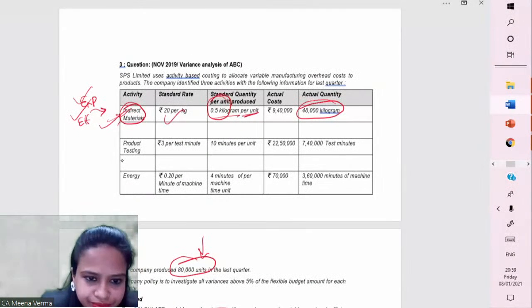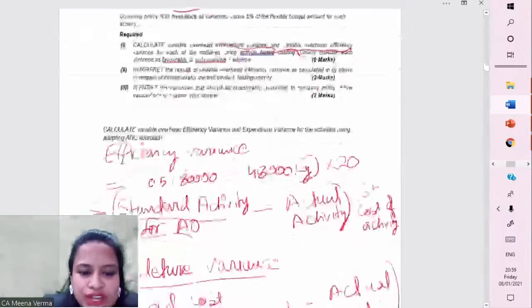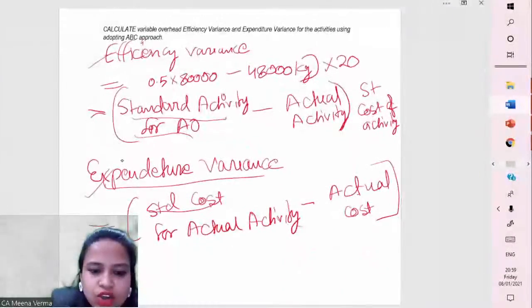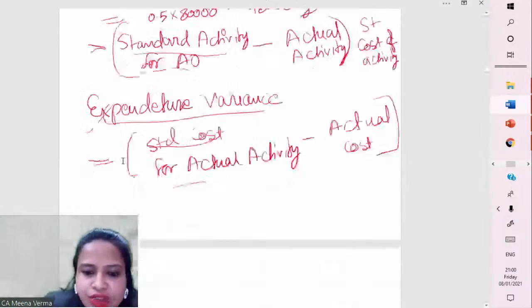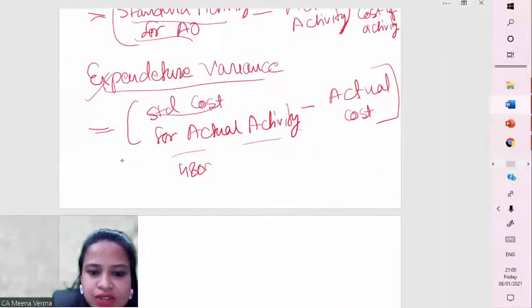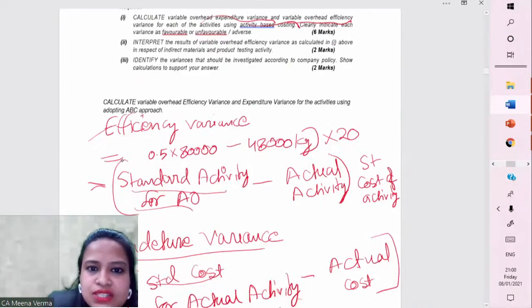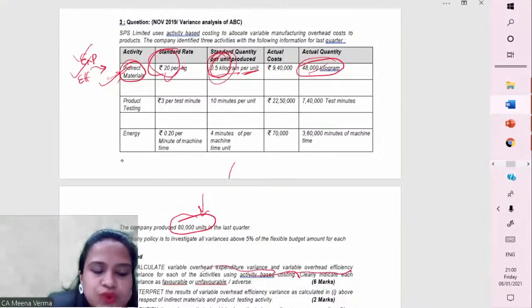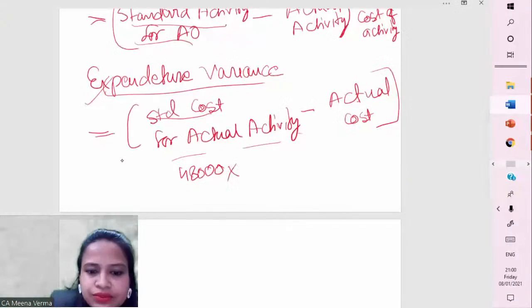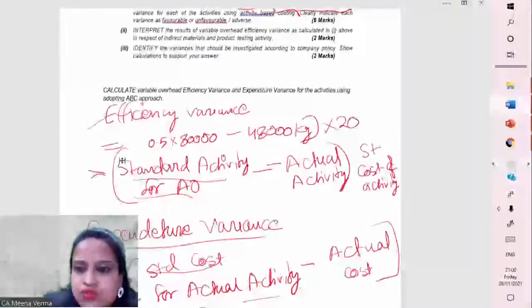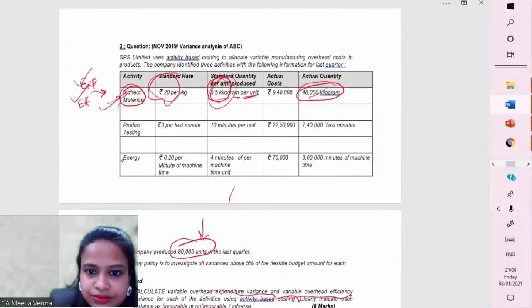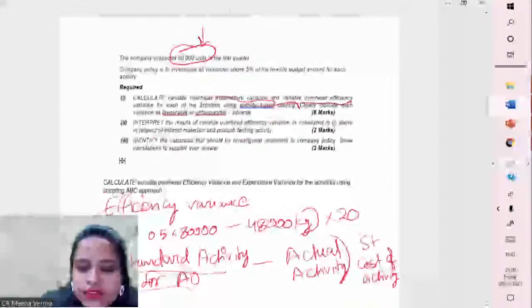How can we calculate the expenditure variance? Standard cost for actual activity. What is the actual activity? 48,000 is the actual activity. What is the standard cost? This is the standard cost, 20 rupees. What is the actual cost? This is the actual cost for the activity.